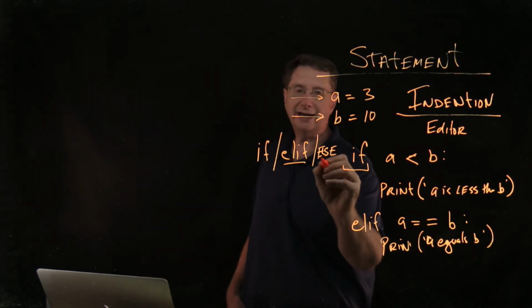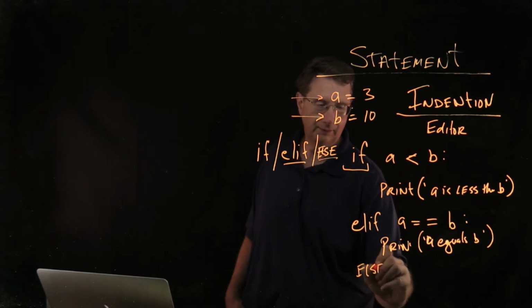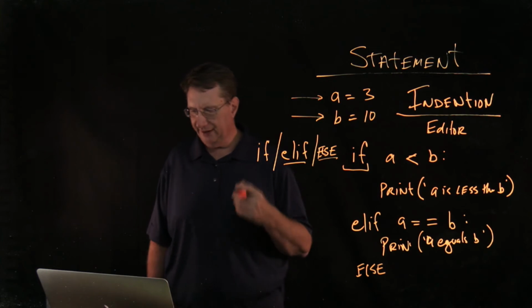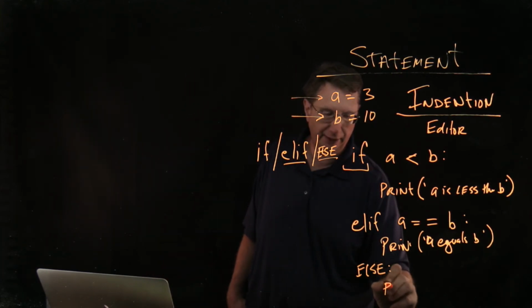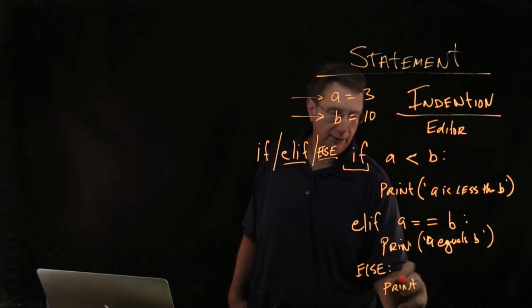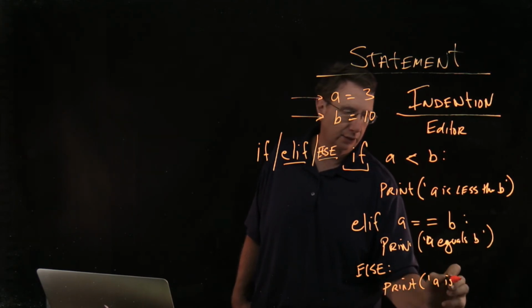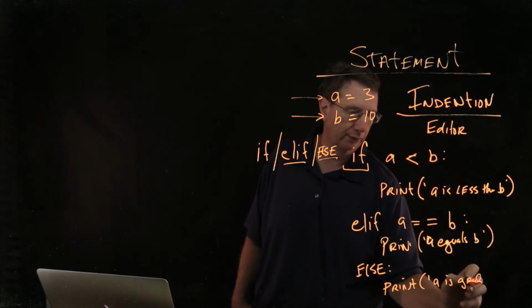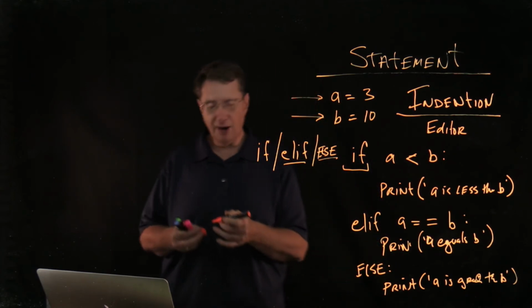So I could actually use the else statement here. In the else statement, all I've got to do is put a colon, and then I can just say print, A is greater than B. And that's the process.